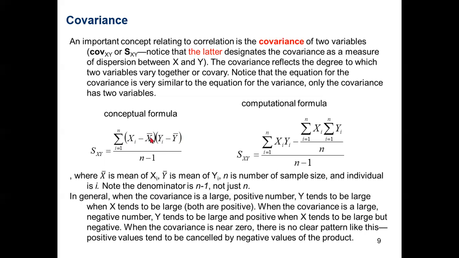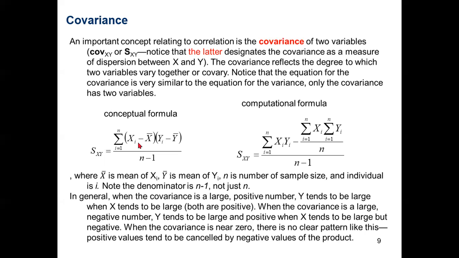X bar is the mean of x, and y bar is the mean of y. So each x value minus the mean, multiplied by each individual y value minus mean y. You go through this process until you get 300 values, one per individual.